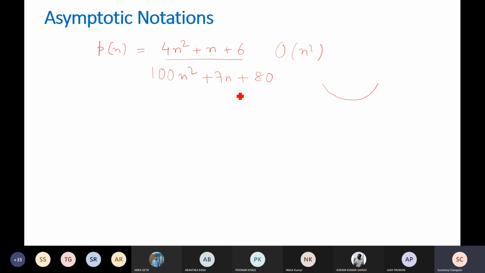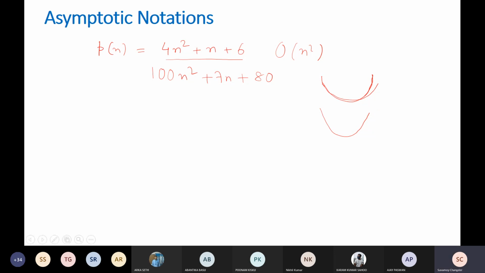Similarly, 100n square plus 7n plus 80, if we draw, then also we will find a parabola of the same slope and so many things. The change is only in the origin, and if we can transform the origin from 0, 0 to somewhere else, then both the curves are nearly same, or we can say equivalent.